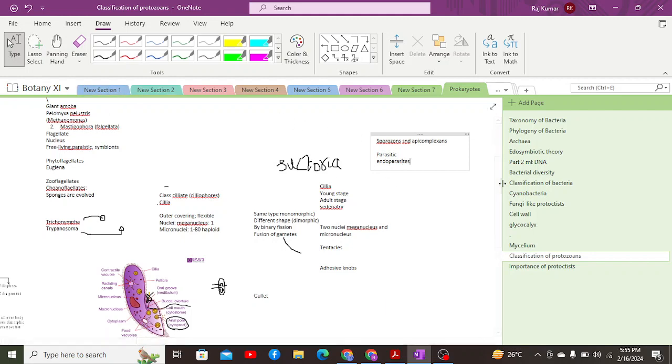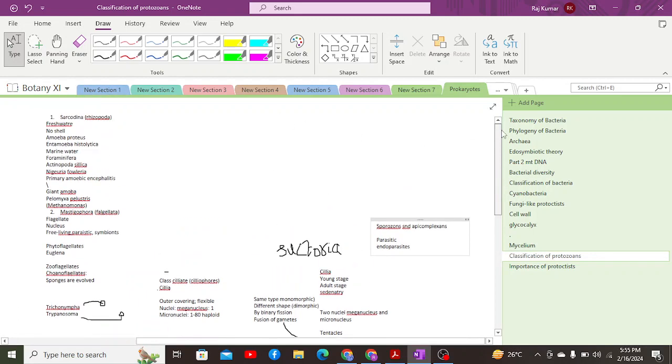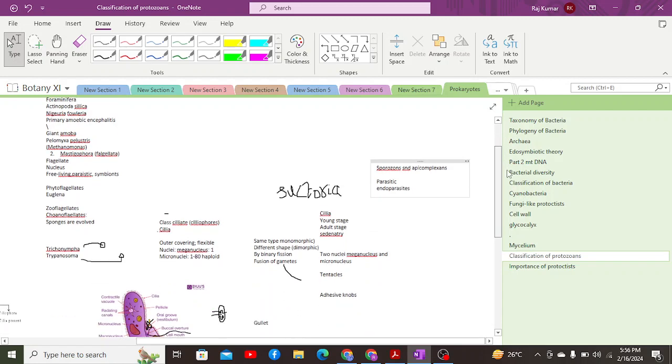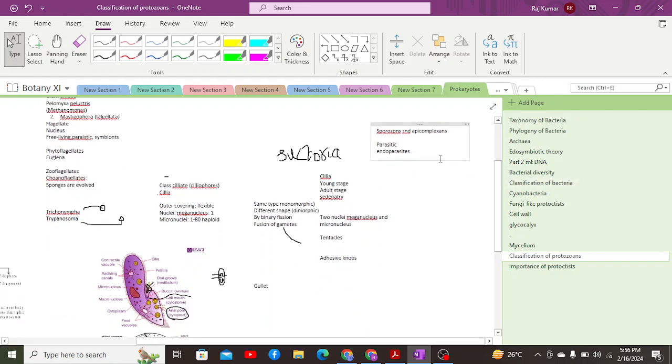And one more thing: as Protoctista form a polyphyletic lineage, the protozoans also form a polyphyletic lineage. These endoparasites can be intercellular or intracellular parasites, right?